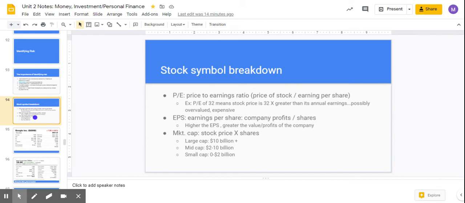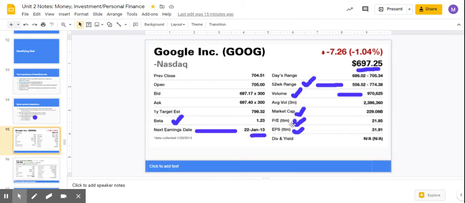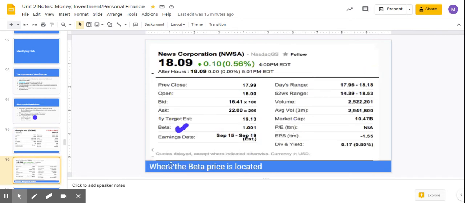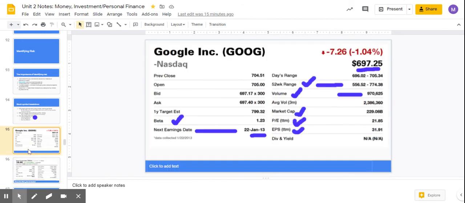Earnings per share, what you do there is you take a company's profits and divide it by its shares. So if you look at Google here and were to compare its EPS of $31.91 to that of News Corporation, this tells you that News Corporation's earnings per share is down for the day at $1.55.